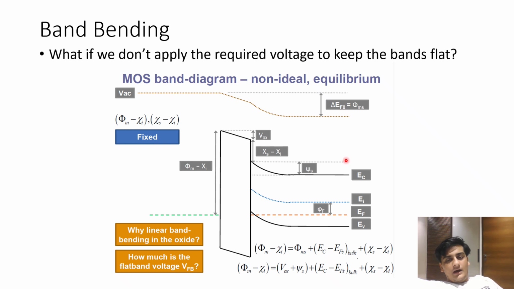Cool. And this is also the voltage that you would need to apply on the left side to get flat bands. So that's also what we call the flat band voltage. So this is what happens when you don't apply any voltage or sufficient voltage to the MOS device.